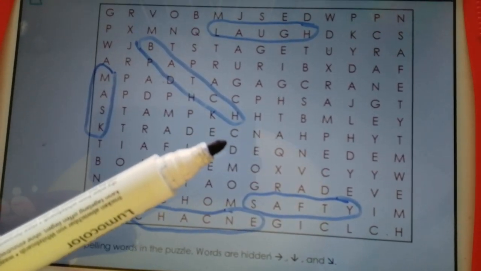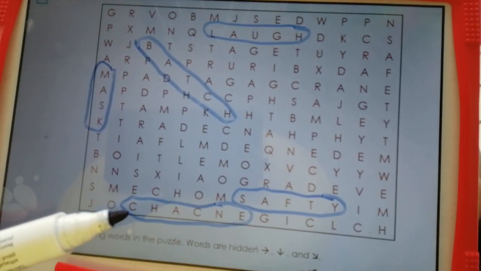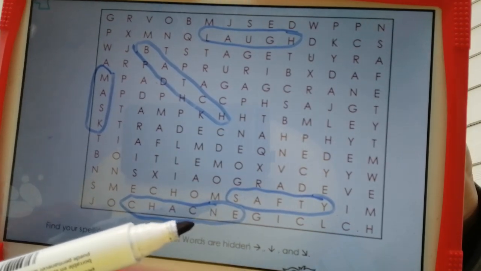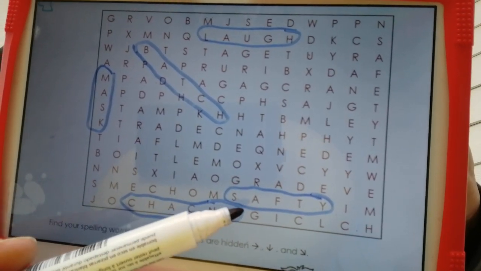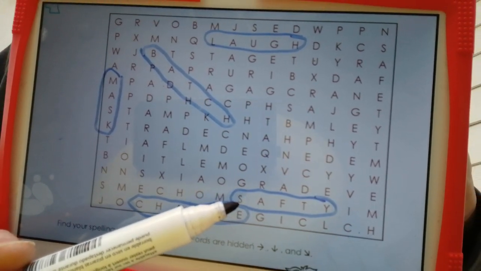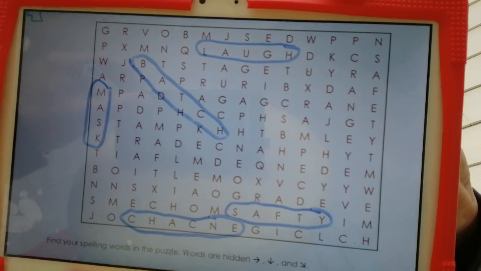We have mask going down, we have batch going diagonally, we have laugh going across, but be careful because you may think you found some, like chance, but it's not written properly, it's not here. Same with safety. You have to find these words somewhere else because they're misspelled. They don't have the correct spelling.